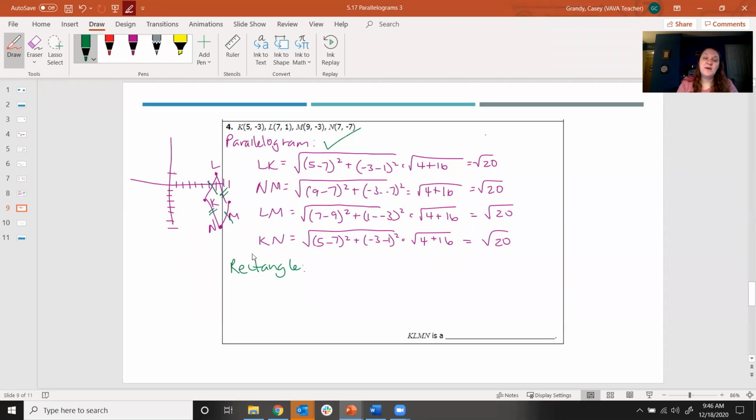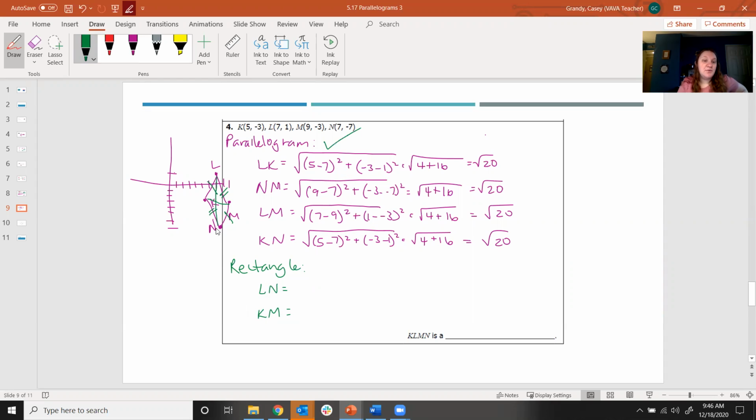Then we would test, is it a rectangle? Okay. So a rectangle has 90-degree angles, so we could find the slopes and see if they're perpendicular. Or my favorite way is to see, are the diagonals congruent? So the diagonals here are LN and KM. And if you graphed this nicer than I did, you recognize that you have a horizontal and vertical diagonals.